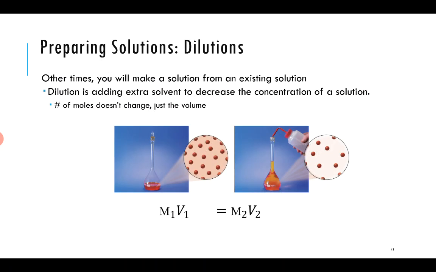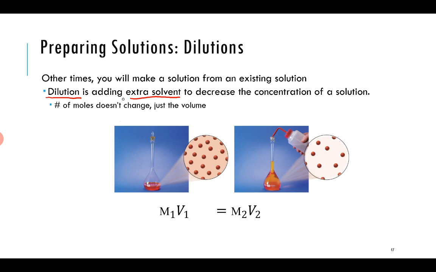Okay. So we could have also started with another aqueous solution. And so in this case, we are starting with a solution and we're diluting it by adding additional solvent in order to make it less concentrated. And so a dilution is adding extra solvent to decrease the concentration of a solution.